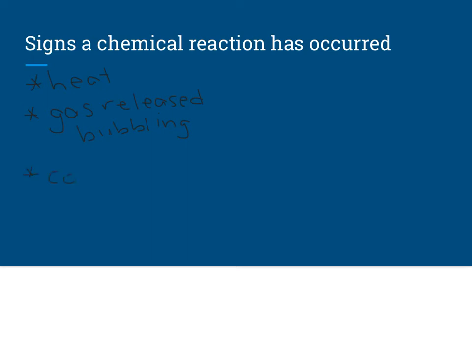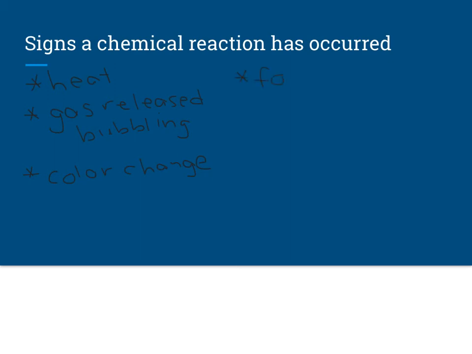Many times something as simple as a color change can indicate a chemical reaction has occurred. Now we have to be careful with this one. We could take some food color, dissolve it in water, and that would not be an example of a chemical change. But if we're mixing two chemicals together and get a drastically different color, that is a good sign a chemical reaction or a chemical change has occurred.